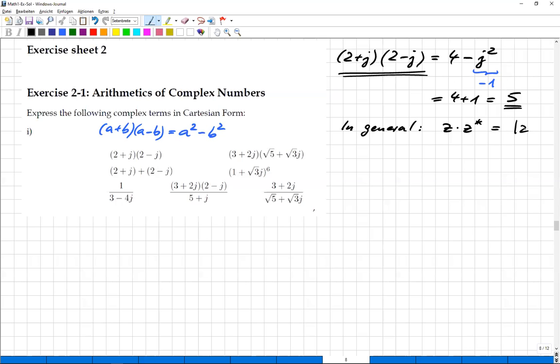You would say the absolute value squared. With complex numbers, the so-called absolute value is also called the modulus.